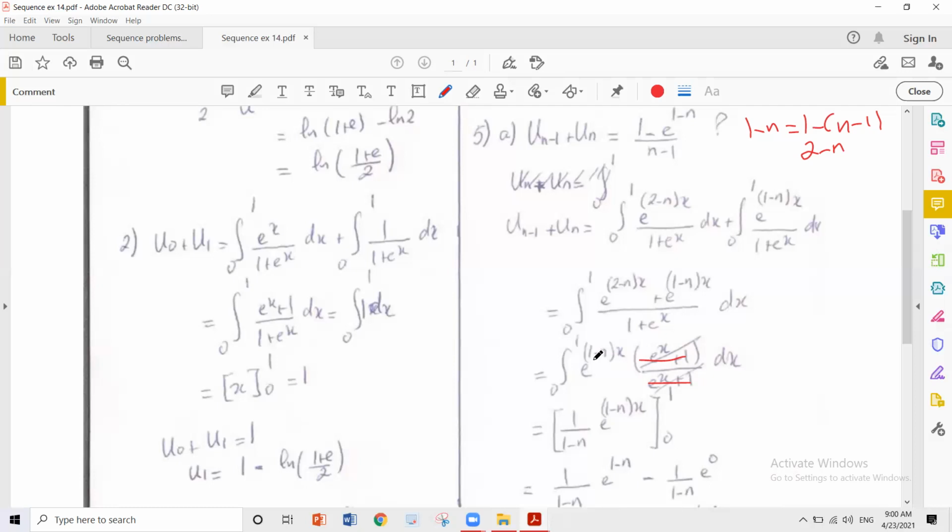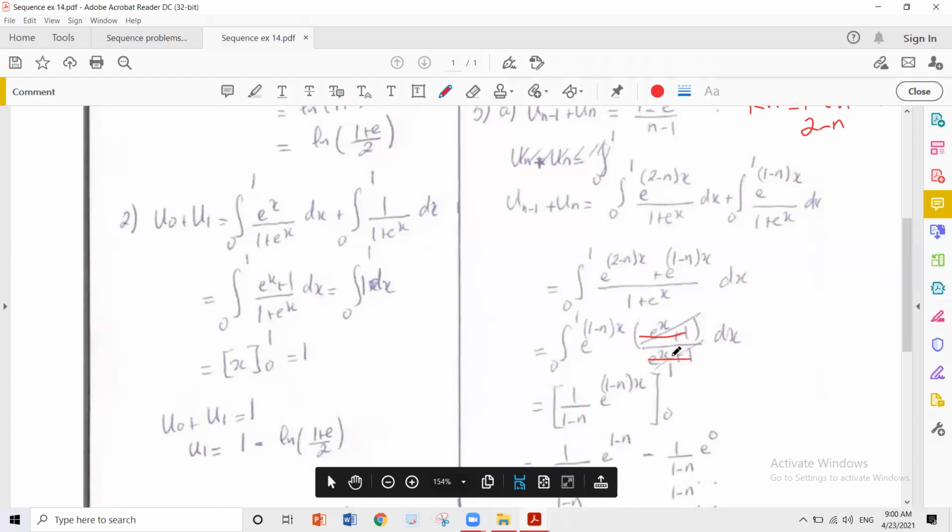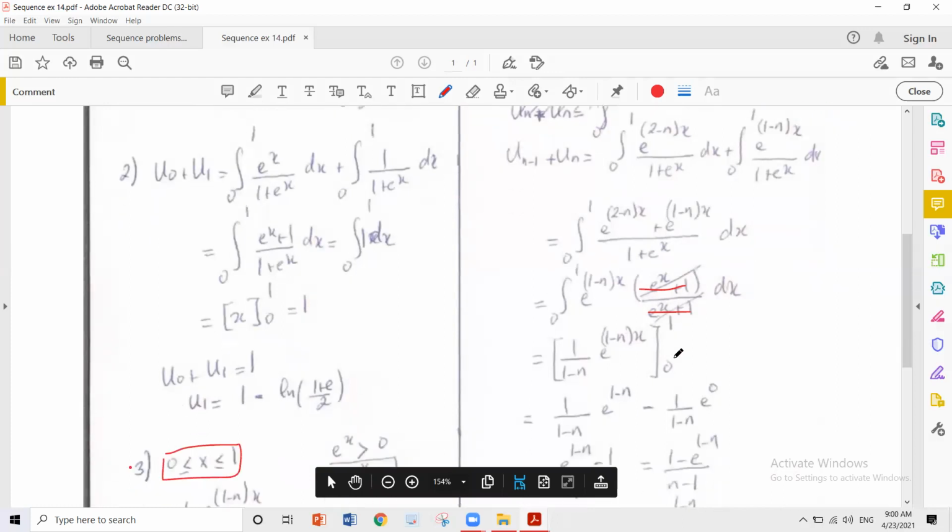Now to calculate the integral of e to the ax dx, it is 1 over a e to the ax. So here it is 1 over 1 minus n e to the 1 minus n x between 0 and 1.